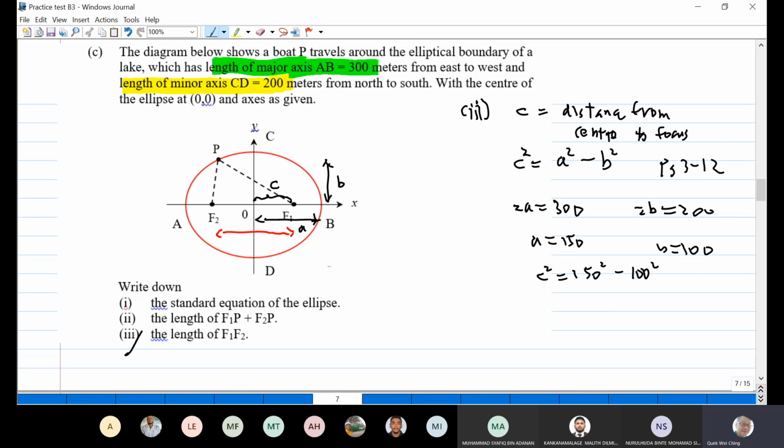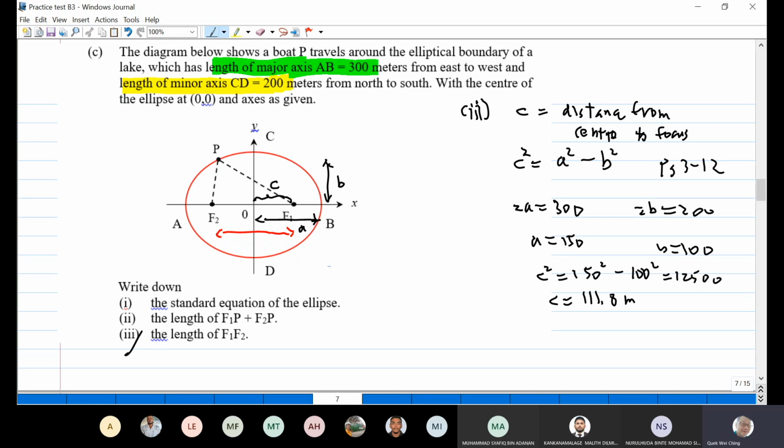So 12500. C, in this case, take the square root, so it's 50 root 5, which is 111.8. So I know C is 111.8.